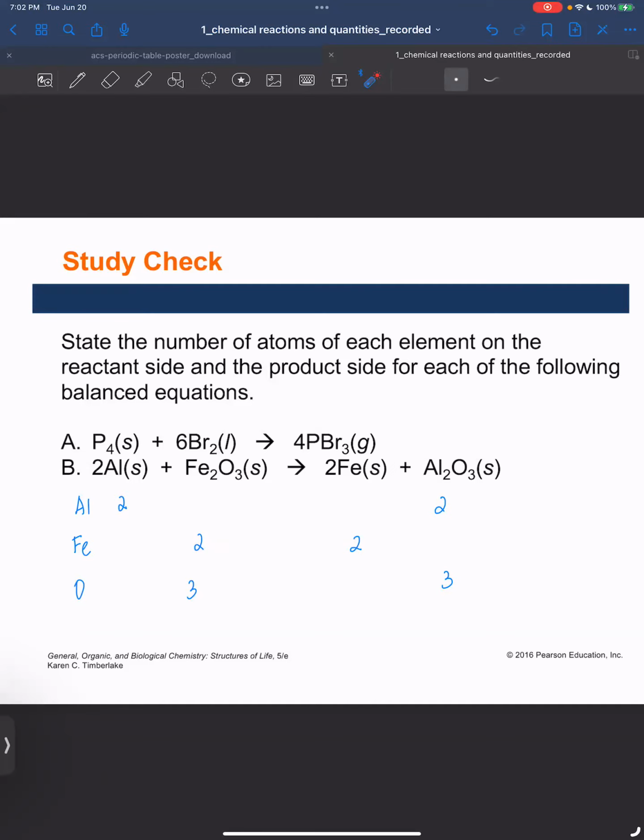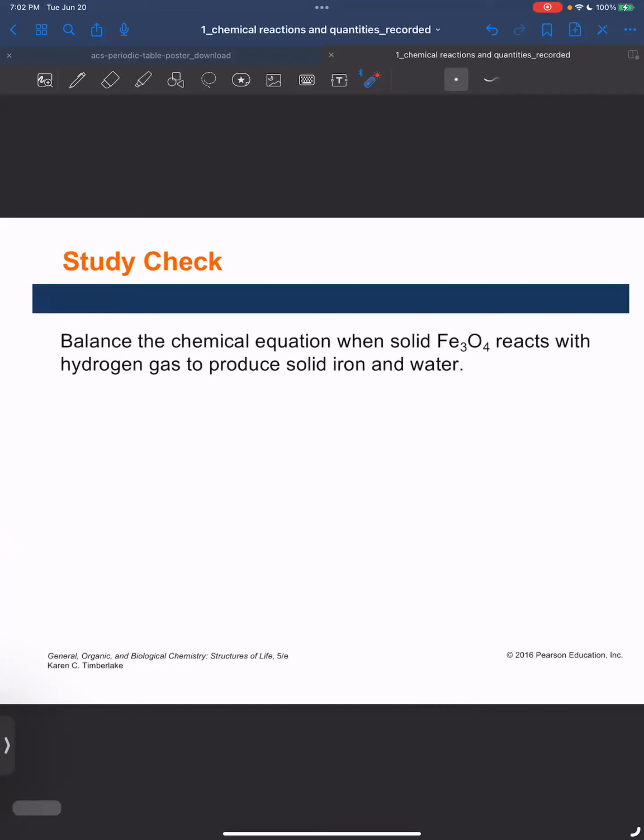All right. I'm going to get you started on the study check, and then you can pause the video and balance it. But let's get the chemical equation written first. So it says to balance the chemical equation when solid Fe3O4 reacts with hydrogen gas to produce solid iron and water. And so we have this ionic compound here, and it's a solid, so I'm going to put an S next to it.